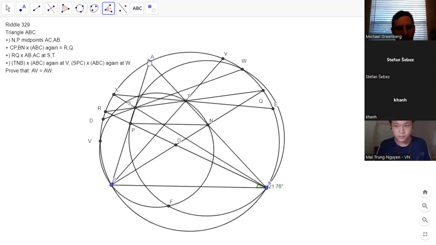So 21.76 and yeah, I think it's true. Let me try one more time. So we have CBE is 26.37. Oh, but wait. Why did it look true in one case but not the other? Yeah, no, because this is definitely not. Okay, now I'm confused.